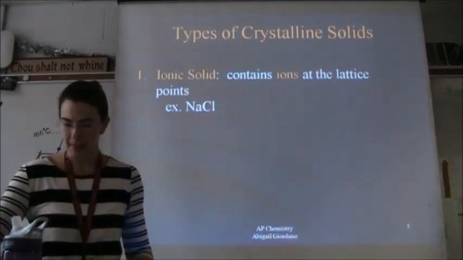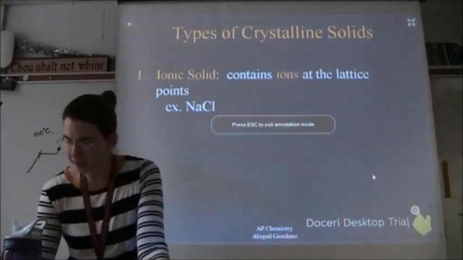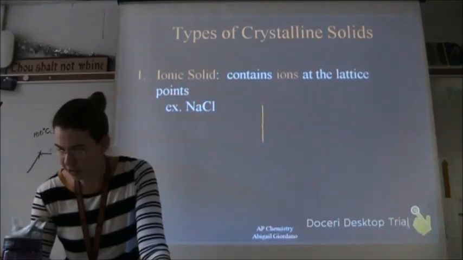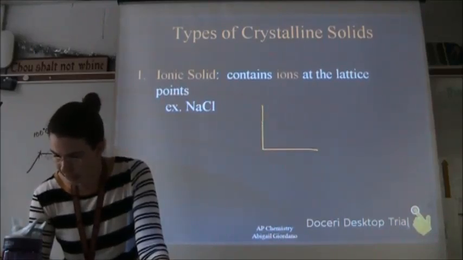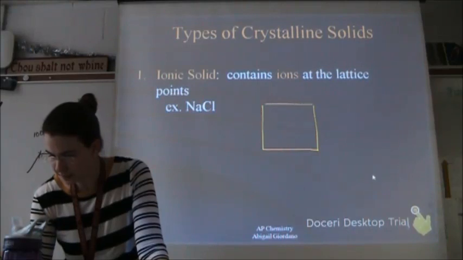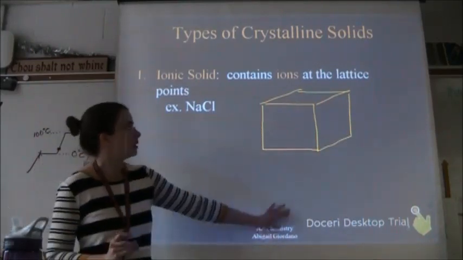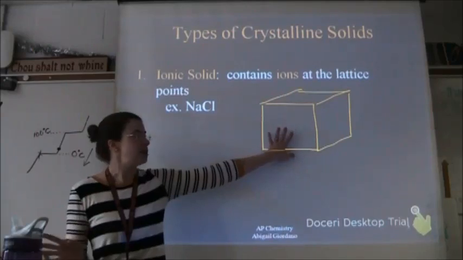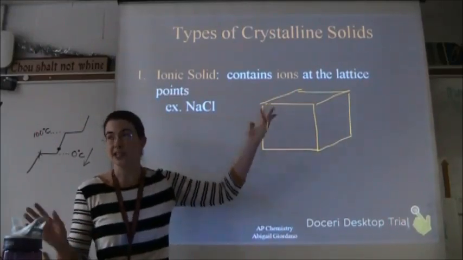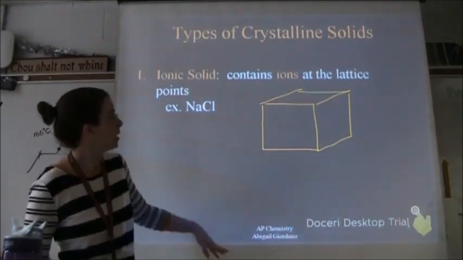Okay. These are things that have structure. I am no artist. Forgive my lack of drawing ability. I'm attempting to draw something three-dimensional here. It's not bad. Now, a lattice structure, again, doesn't have to be a cube, but that's the easiest thing for me to draw.